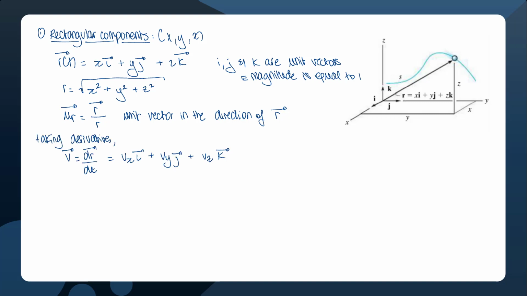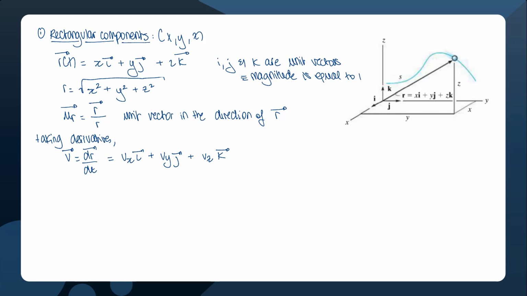Now if we take the derivative of the expression of the position, r(t), we know that v as a vector is equal to dr over dt. And in order to take the derivative, one needs to take the derivative component by component. So we derive x with respect to time, then y with respect to time, and finally z with respect to time.